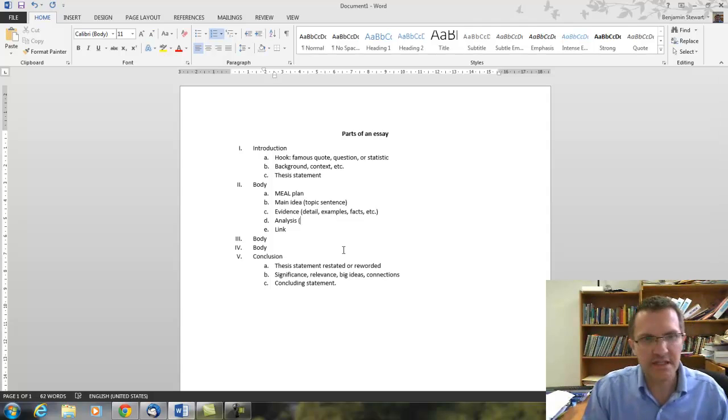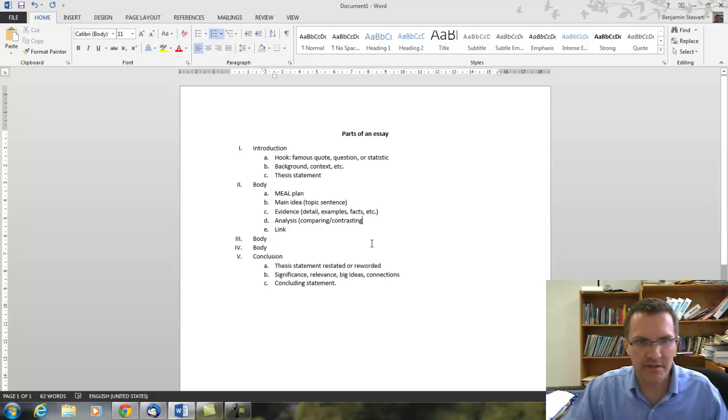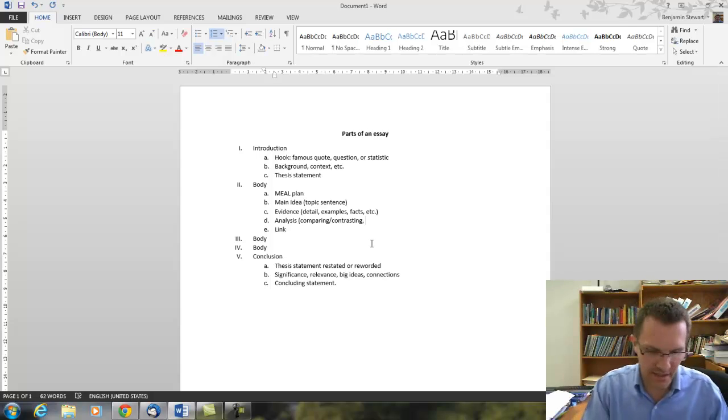We also have sentences that analyze, and by analyzing could mean compare and contrast. So we might compare and contrast some of the evidence. We might also use these types of sentences to link evidence to the main idea.